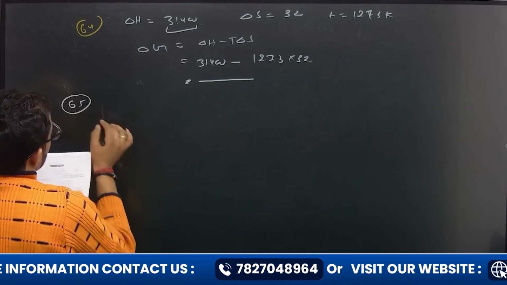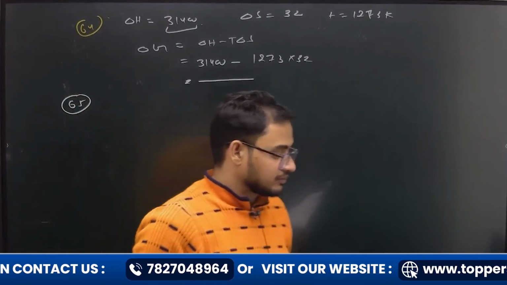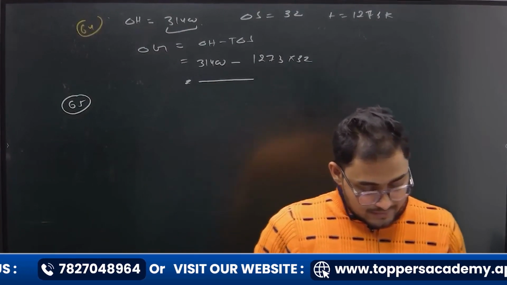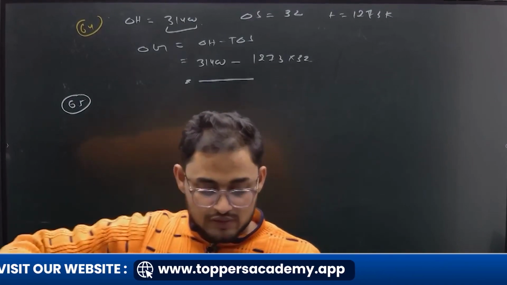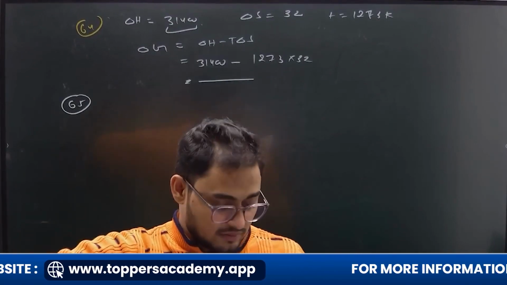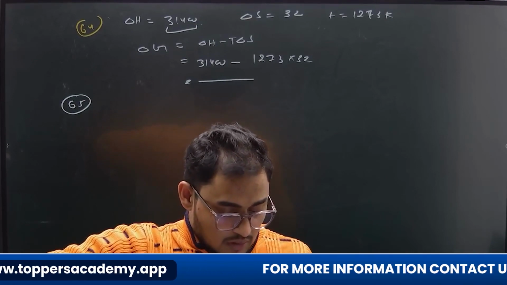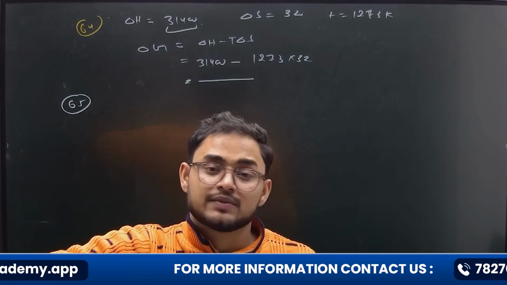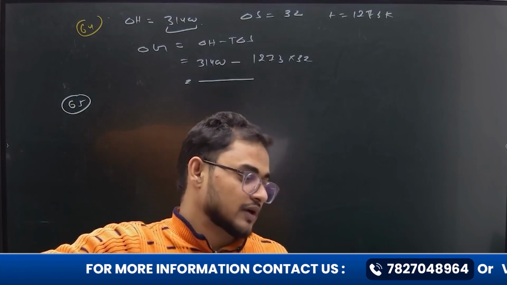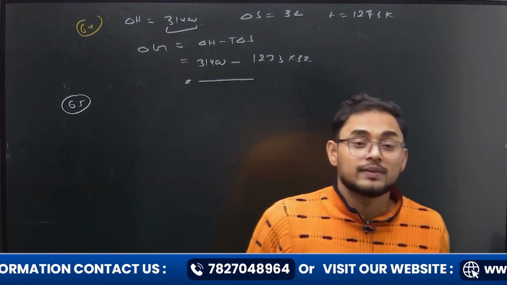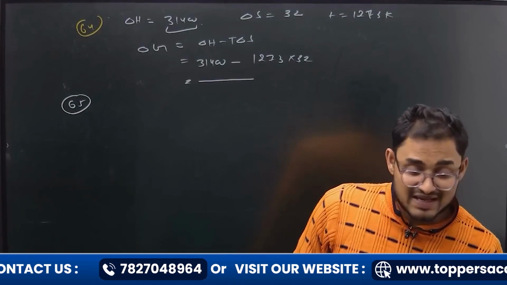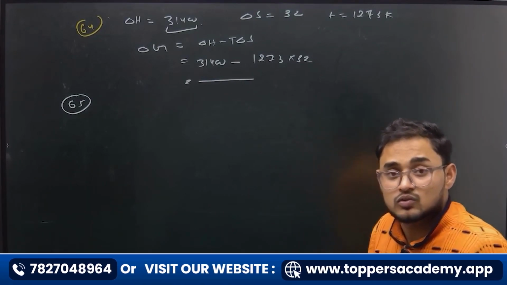Now question number 65, in reversible process. They are asking about the reversible value, they are asking about equilibrium. So the value of delta S or delta G will be equal to 0.